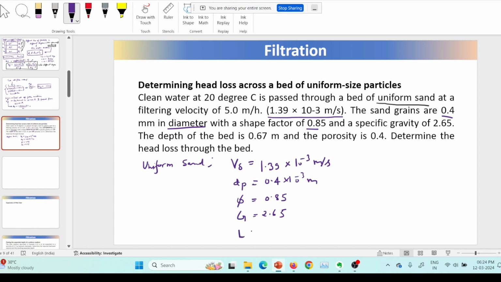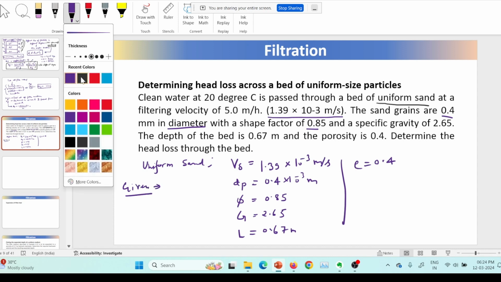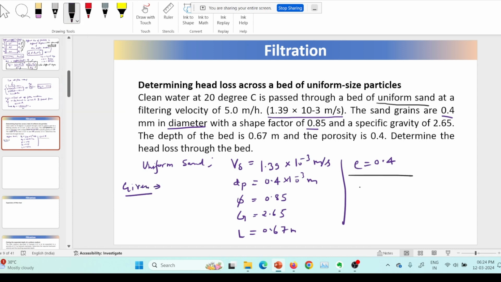The depth of the bed, L, is 0.67 meter. Porosity is defined as e, that will be 0.4. We need to find the head loss through the bed.